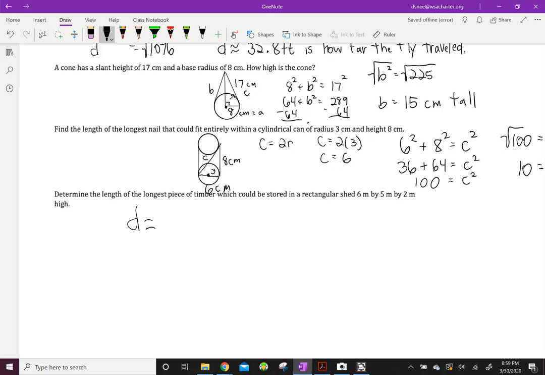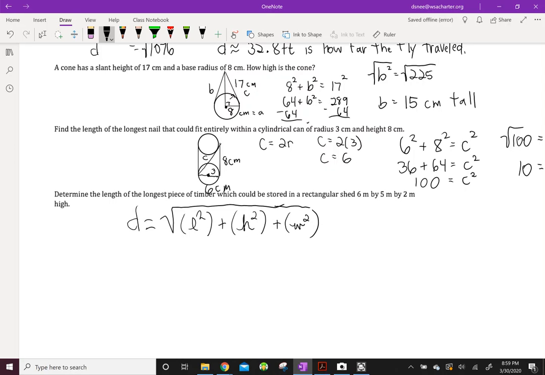And I know that d is equal to the square root of L squared plus H squared plus, bringing back that cursive, W squared.